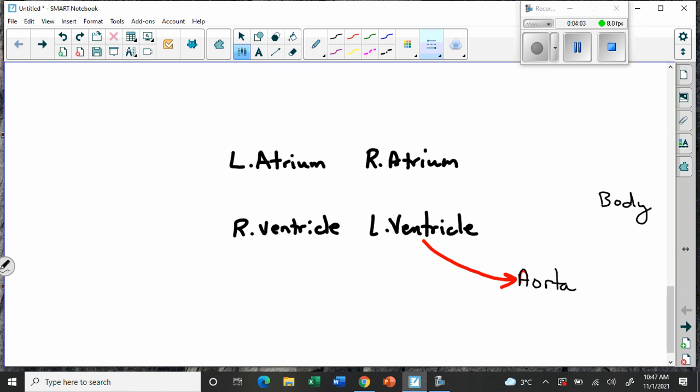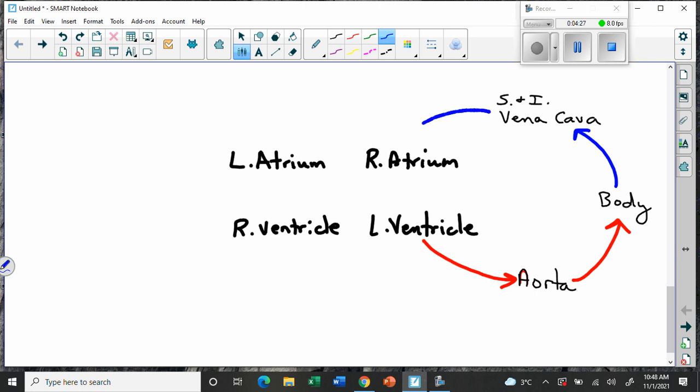And then on its way back from the body, it's going to go through the superior and the inferior vena cava on its way back. And so it'll be red until it gets to the body. But once it meets all the body cells and delivers its oxygen and picks up carbon dioxide, it now is sort of what we call blue blood.